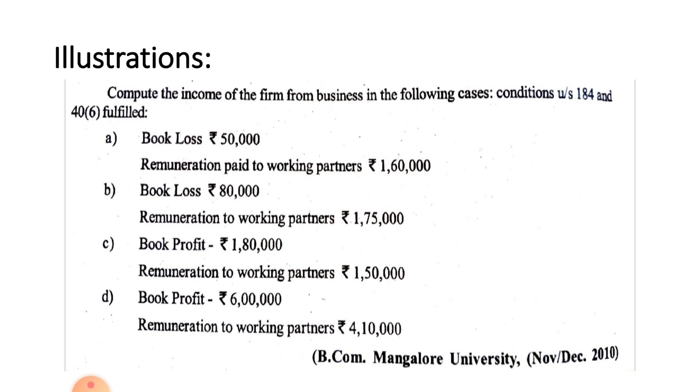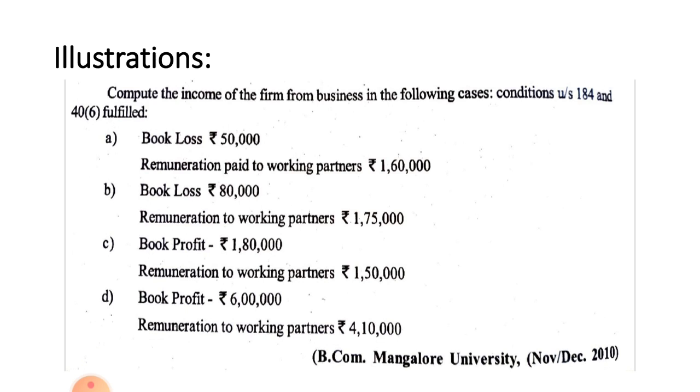As we discussed in the previous session, there is a specified limit to the payment of remuneration to any working partner as per the partnership deed. Up to a specified limit, they can use it to calculate the firm's income, that is, they can show it as an expense to the firm. Above that limit, they cannot include it in computation of the firm's income.